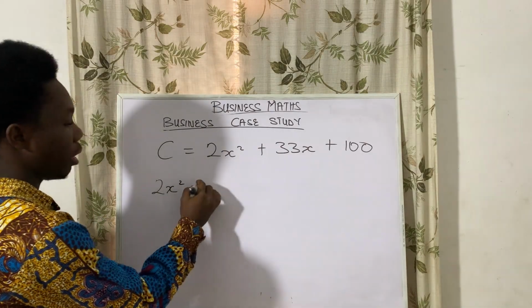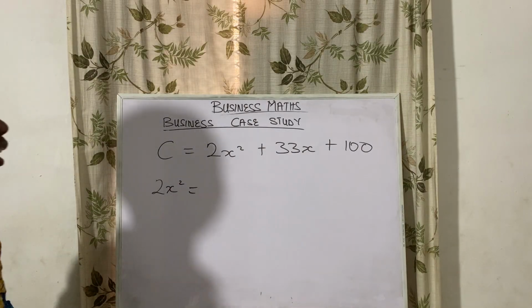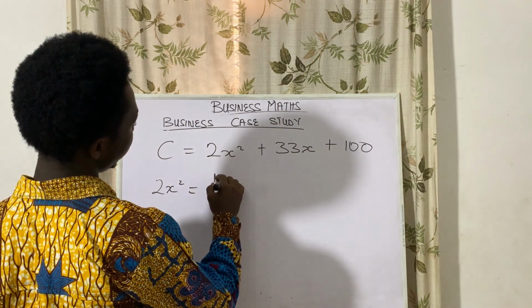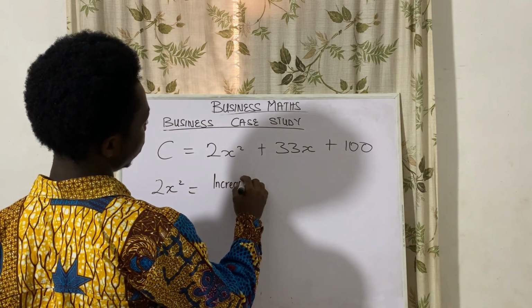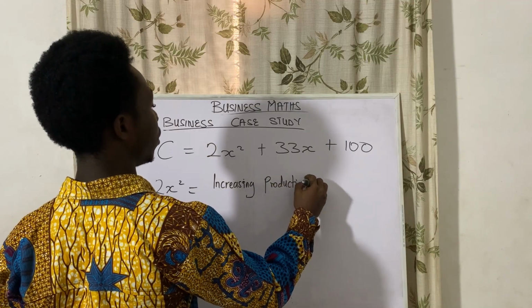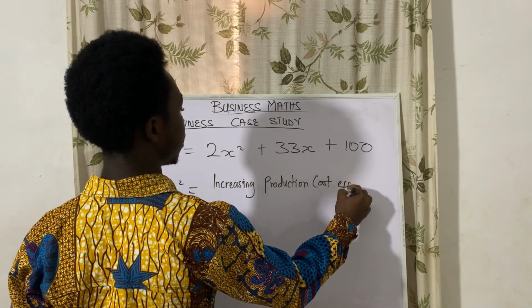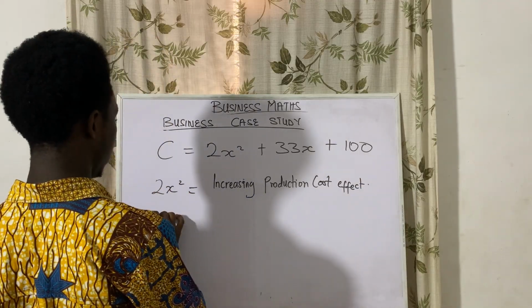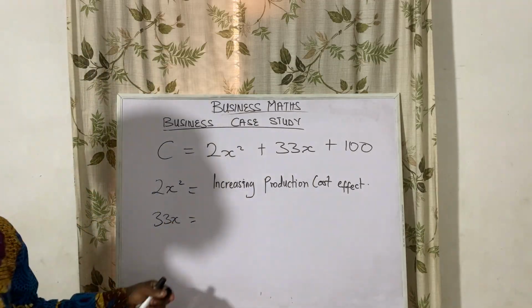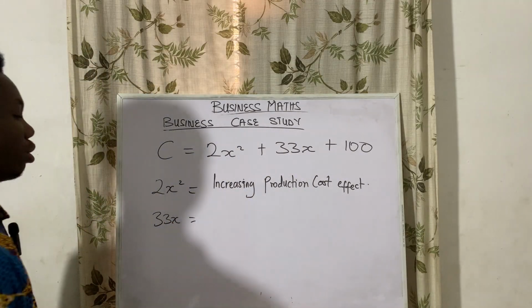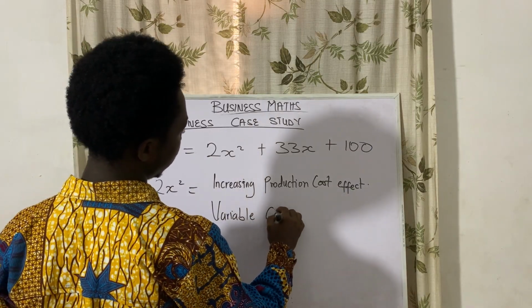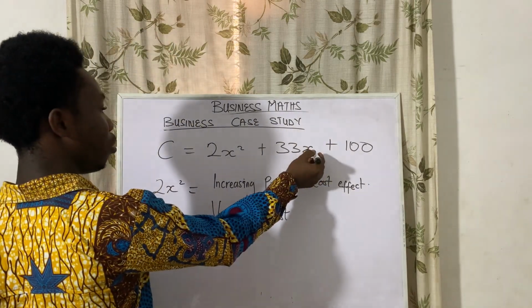So it's equal to, we have 2x squared over here, which becomes the increasing production cost effect. Now the 33x over here becomes the variable cost, because there's a variable here.